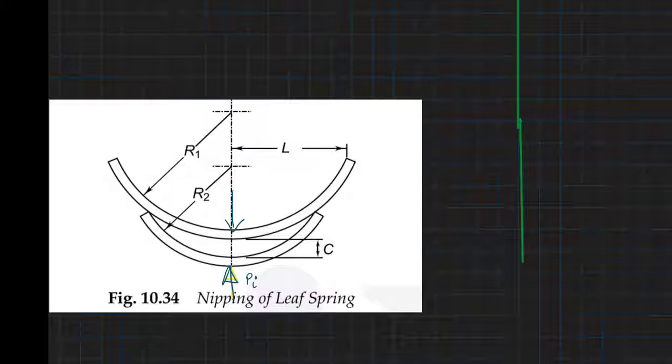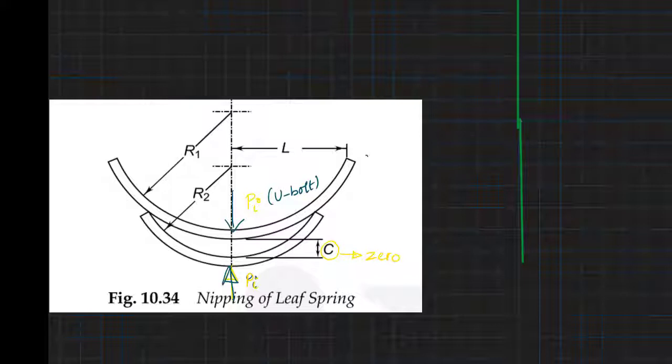When they are held together in the required position, it will produce some gap C, and this gap will reduce to zero when a preload is applied. That particular initial preload will be applied by using a U-bolt.